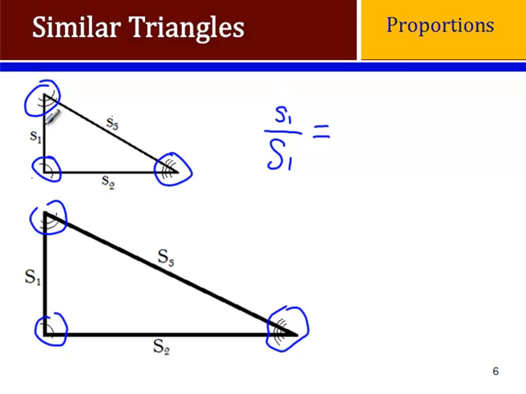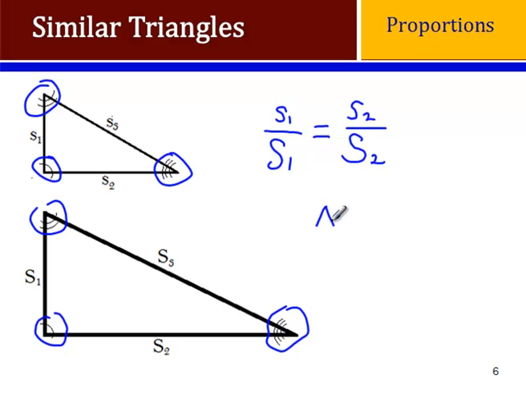We could say that this ratio has to be equal to the ratio of s2 to capital S2, because it's the shorter side to the shorter side, the base side to the base side. And this is one of many proportions that we could use to find some of these missing sides.